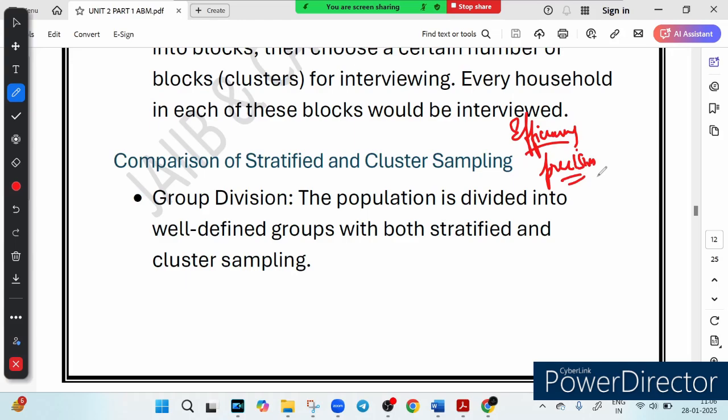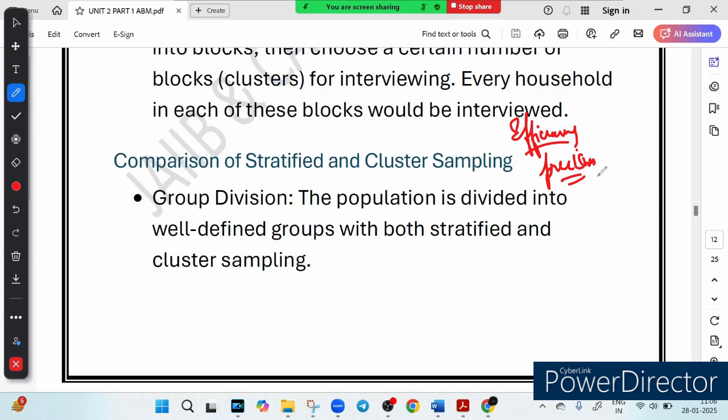Well, let's compare. In stratified sampling, the groups are very different from each other. Think of dividing people by age or income group. You make sure that each group is well represented by picking at least one from every group. But in cluster sampling, the groups or clusters you choose are similar to each other, but there is variation within them.